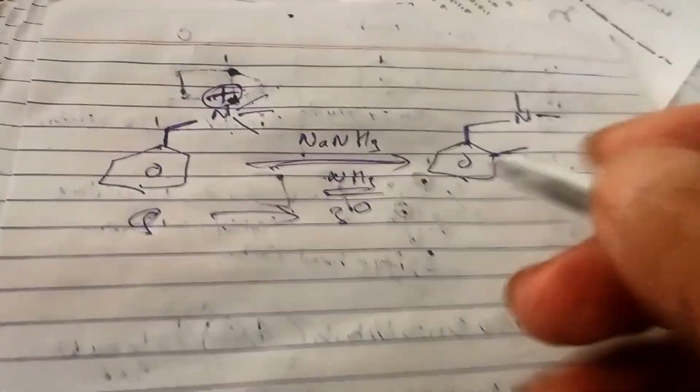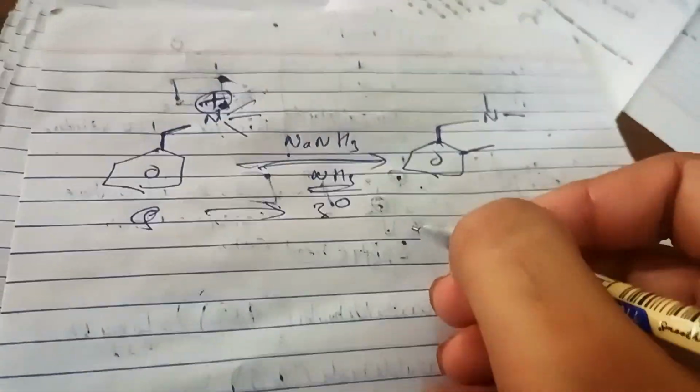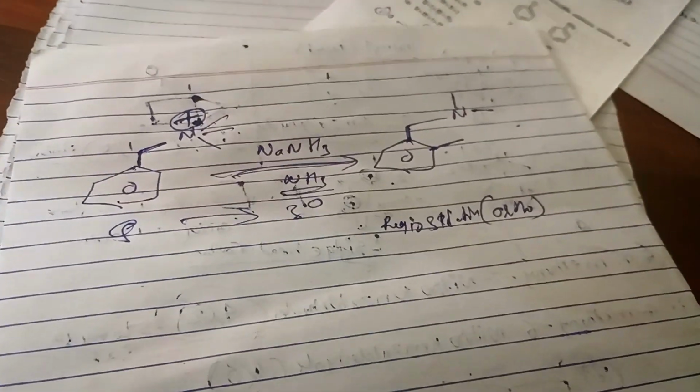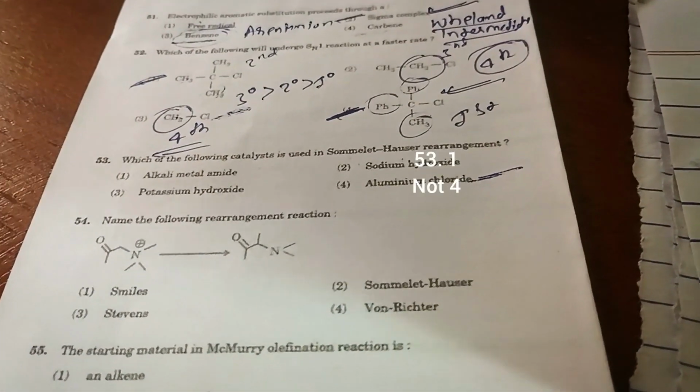So the Sommelet-Hauser rearrangement is regioselective towards the ortho. The fourth option is the right option.